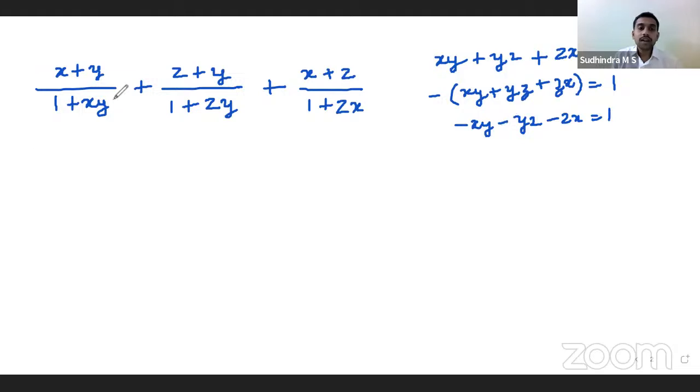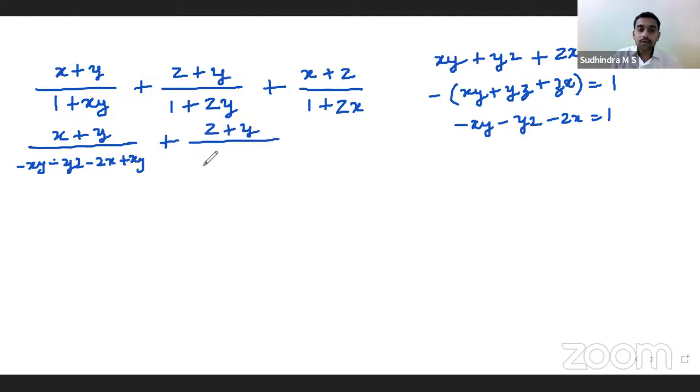So instead of 1 here, bring that x plus y divided by minus xy minus yz minus zx plus xy, plus z plus y divided by minus xy minus yz minus zx plus yz or zy, plus x plus z divided by minus xy minus yz minus zx plus zx.